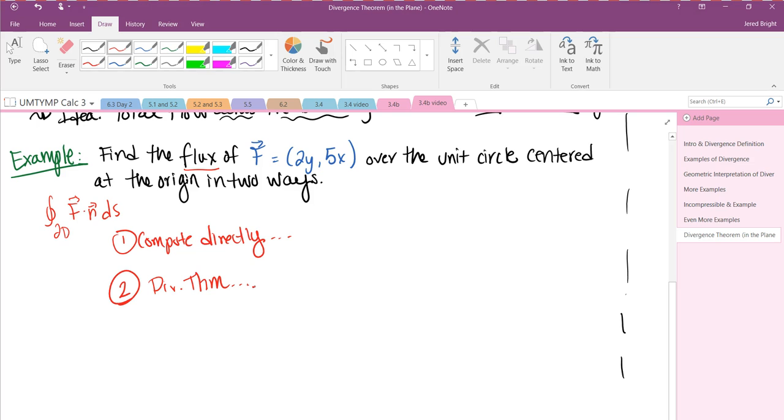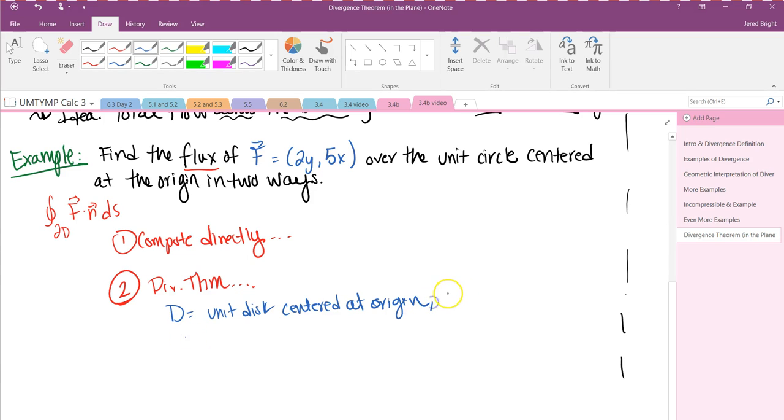We know here that D is the unit disk centered at the origin.